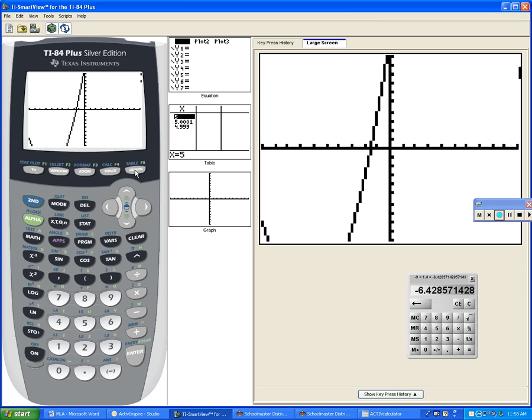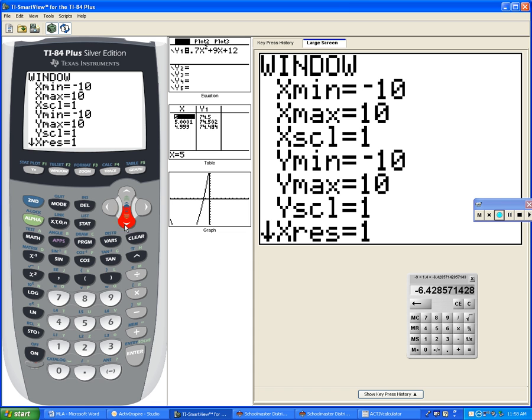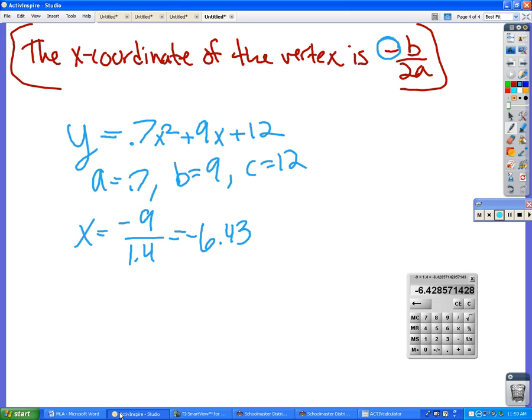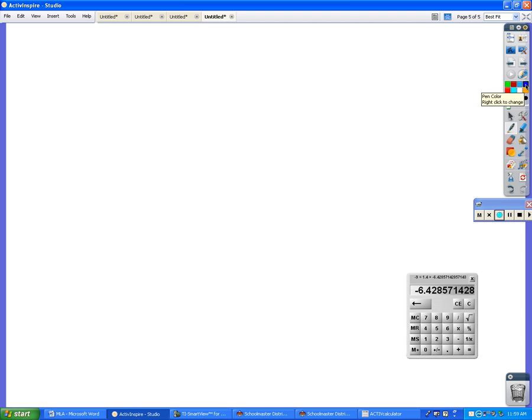It's way down there, so I need to be able to see a little bit more of it. Here's the graph. The vertex is right here. Can you see that if I drew a line up there, it'd be at about negative 1, 2, 3, 4, 5, 6-ish? So the x-coordinate of that vertex is at negative 6 point whatever. Even though Chase tried to give us a really difficult one, we were able to figure it out.